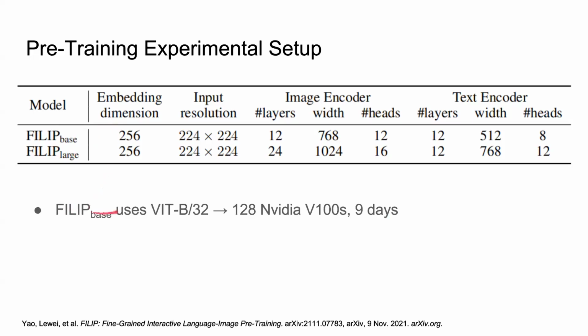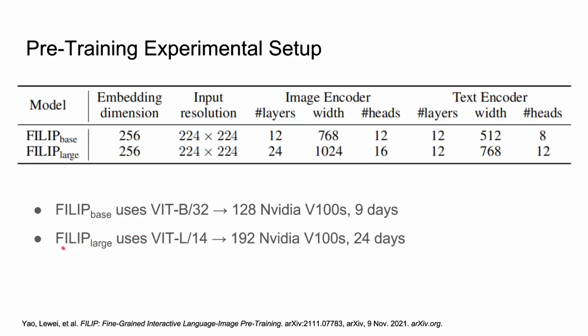Now, FILIP base uses a ViT-B/32 backbone, and they train that for 9 days on 128 NVIDIA V100s. For their larger model, they use a ViT-L/14, trained for 24 days on 192 NVIDIA V100 GPUs. And as you'll notice, the input resolution of the images is 224 by 224, divisible by both 32 and 14.